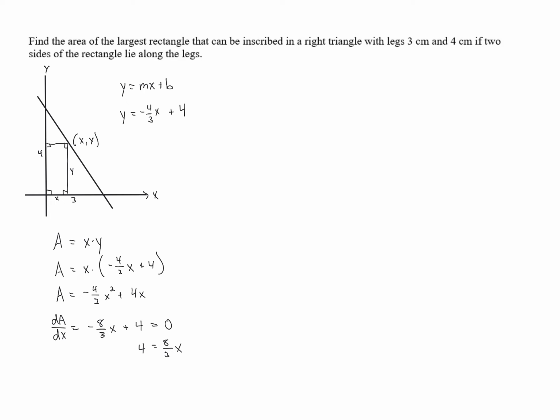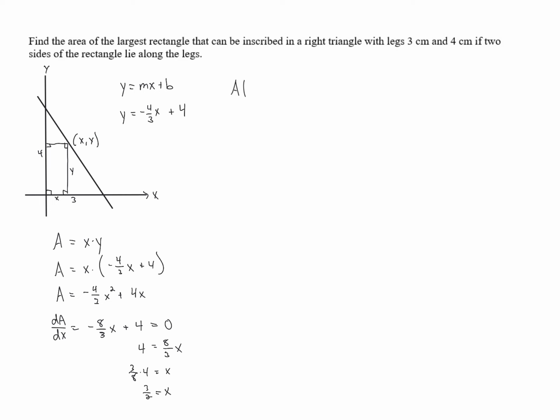And then to get x alone, we can multiply by 3/8 to get rid of that 8/3. 3/8 times 4 is going to be 12/8, and that is the same as 3/2. So this is going to be our critical number.